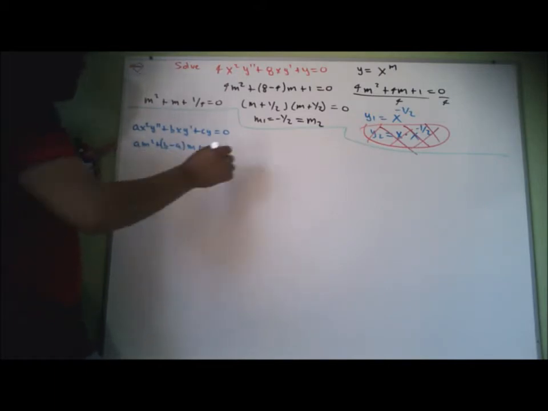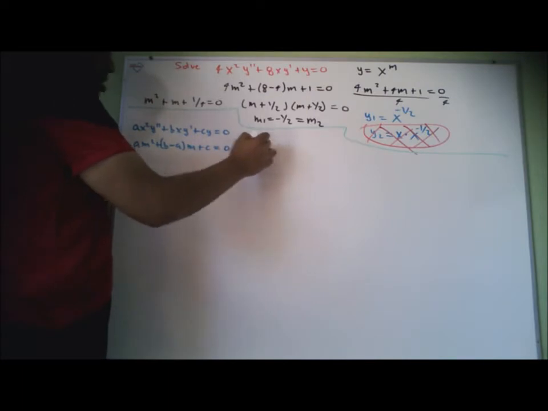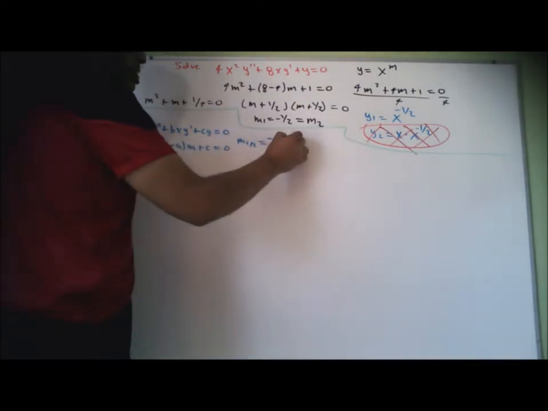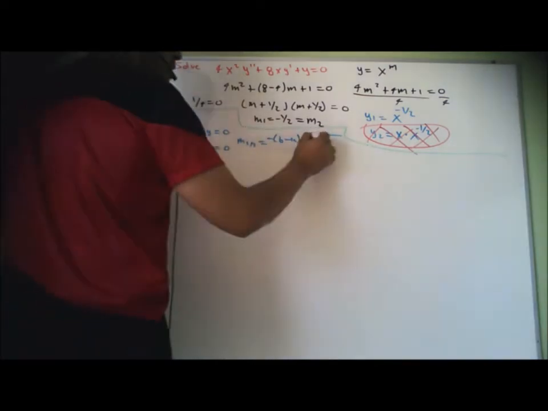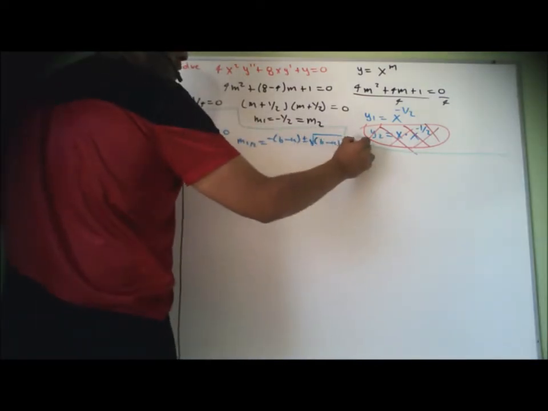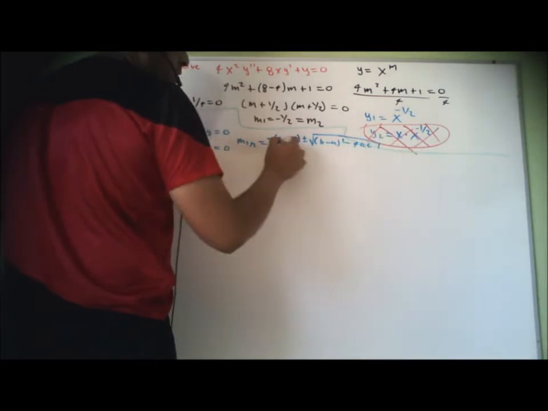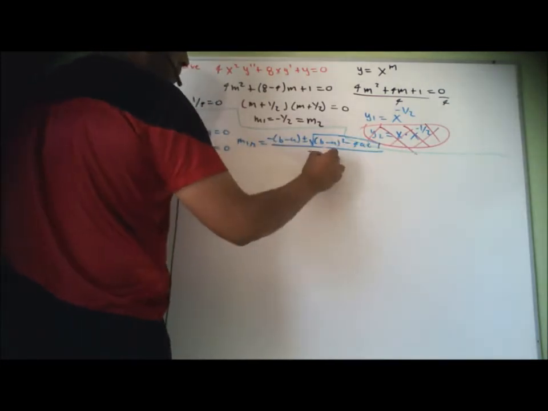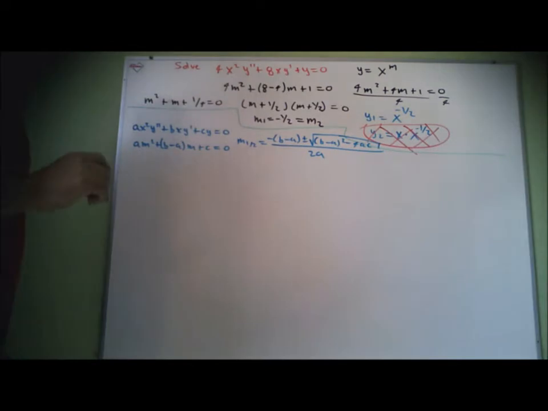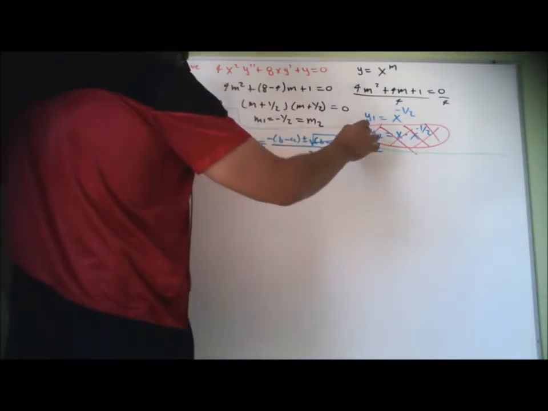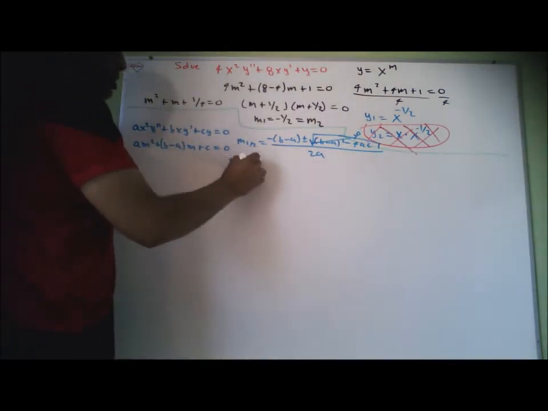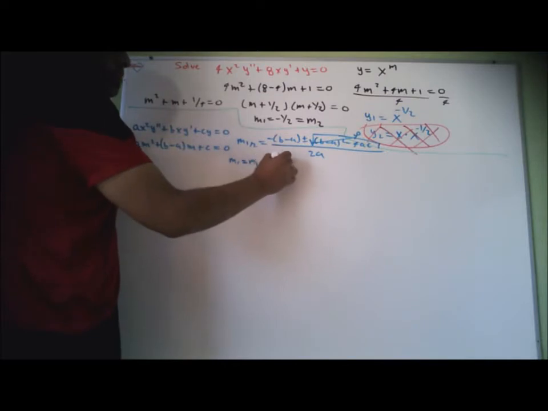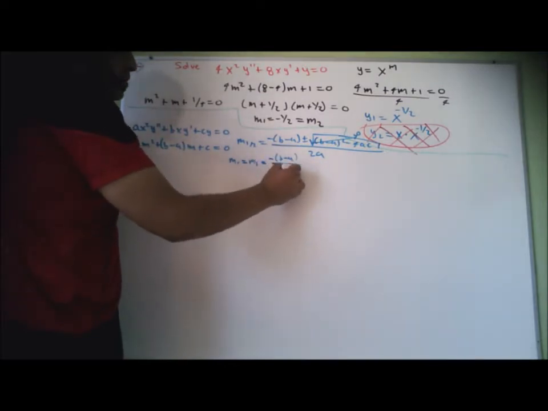So the quadratic formula gives minus (b minus a) plus or minus the square root of (b minus a) squared minus 4ac, divided by 2a. Now, we will have repeated roots when this number under the square root is equal to 0, and m1 equal to m2 will be minus (b minus a) over 2a.